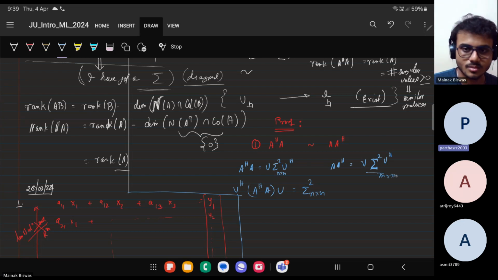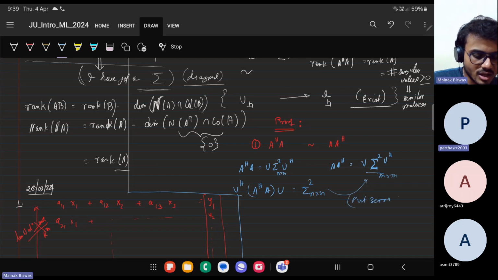Will it only hold for square matrices? No, just put zeros everywhere else, accordingly, depending on which is larger, and then you can put A Hermitian is equal to V.